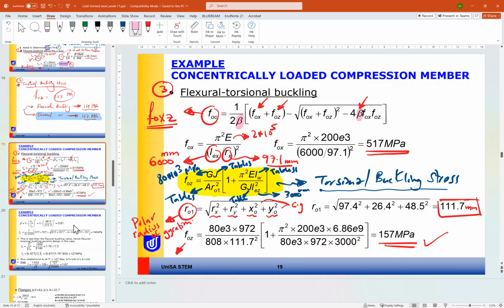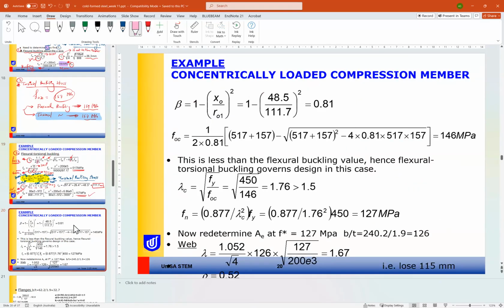So what is beta? Beta is equal to 1 minus XO divided by RO1, to the power 2. XO is the CG location from the y-axis, just from tables.